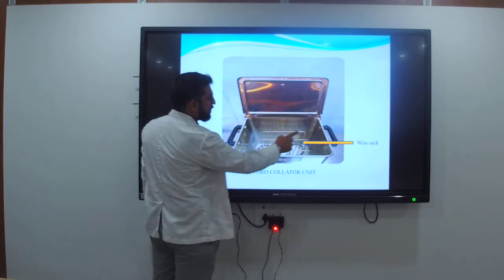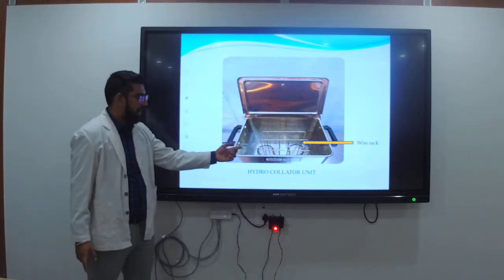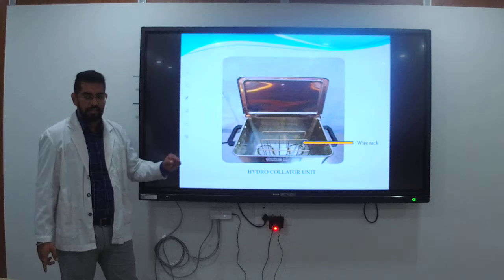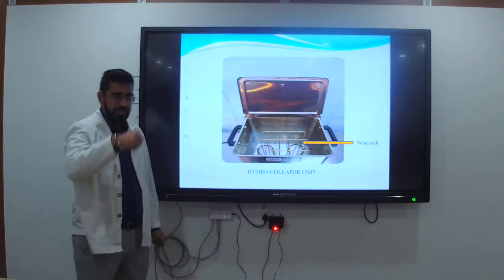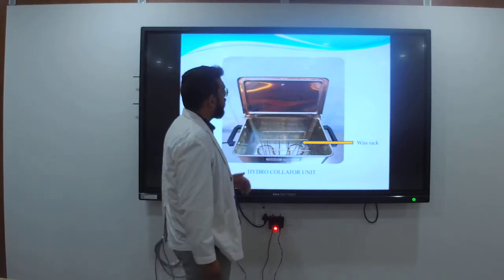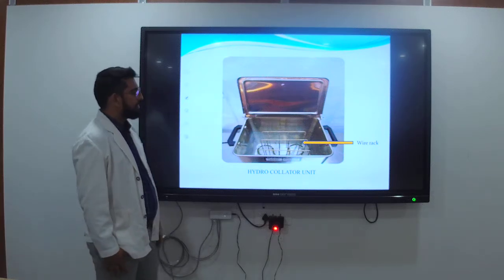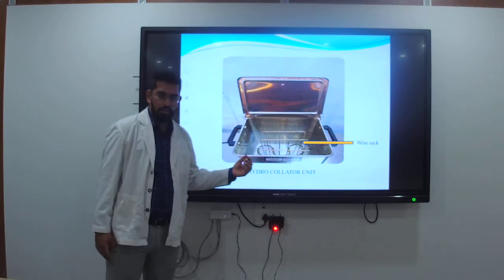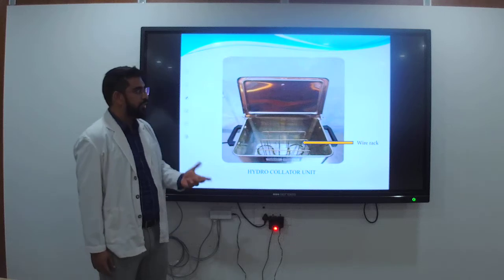These are responsible for separation of each hydrocollator pack. Some hydrocollator units have hangers over here which can be used for hanging the pack. And this is the closing, the cap which helps in closing the hydrocollator unit, because the water gets heated and water has a tendency to evaporate.